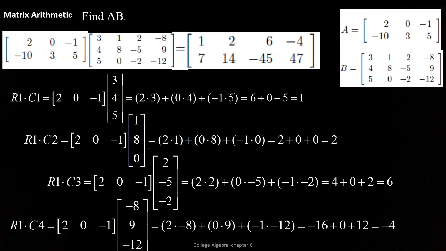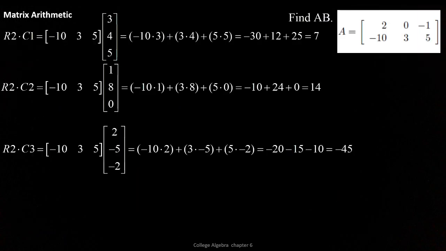If you do that, you can even do it in your head: 2 times 1 plus 0 times 8 plus -1 times 0. And that's 2. So we're going to go through every element and do it like that, and then we end up with this answer right here.